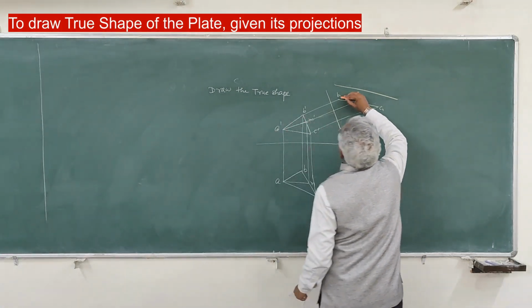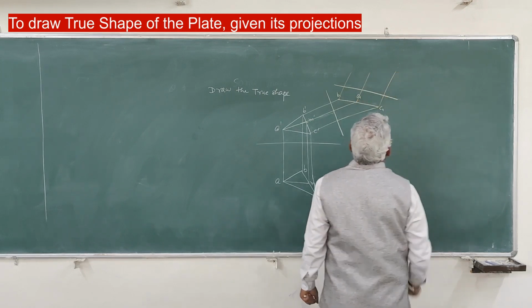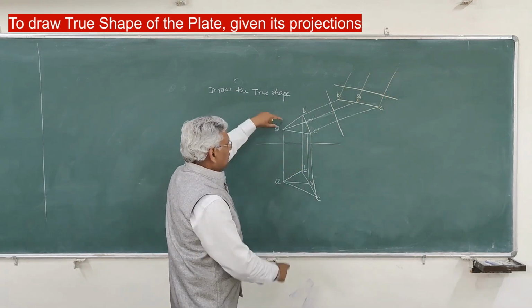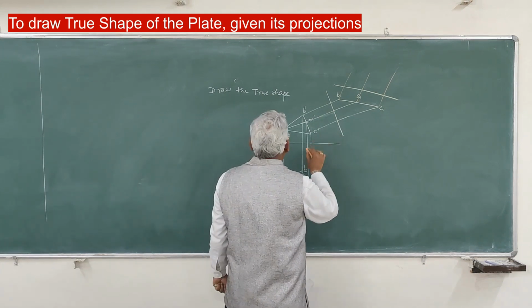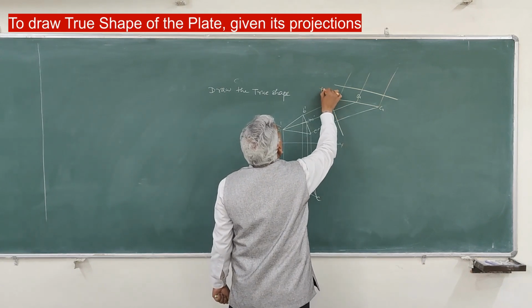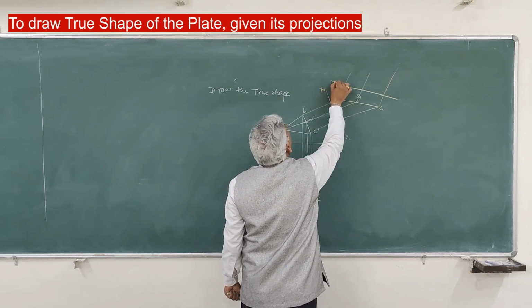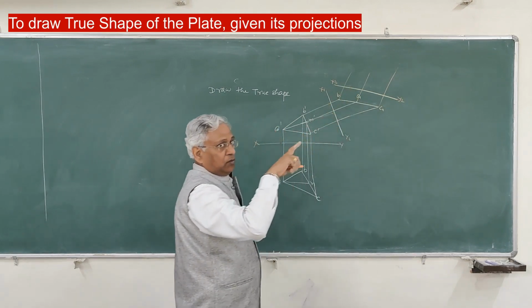And project this plate here. Projection for A. This is the ground line now. Okay. This was the ground line XY. This is now X1, Y1, and this is X2, Y2. Remember, these two planes are perpendicular to each other.